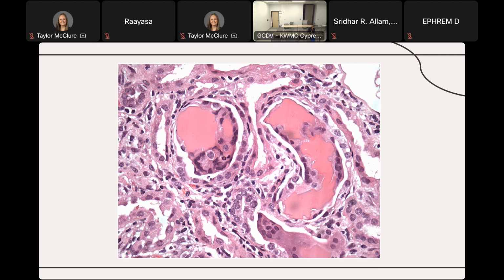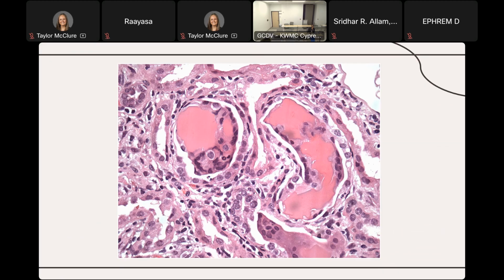There are no capillaries. Look at the cells. Tubular epithelial cells. This is tubule. So these are tubular cells, and you see something red in the tubular cells that is blocking the tubules. That's a cast, right? This is not a glomerulus.